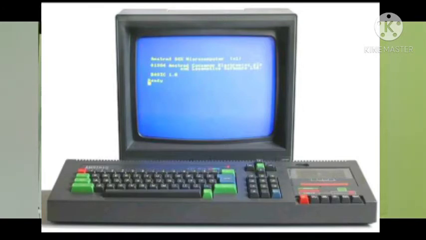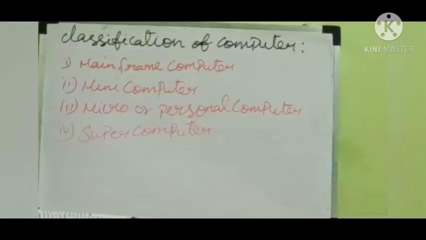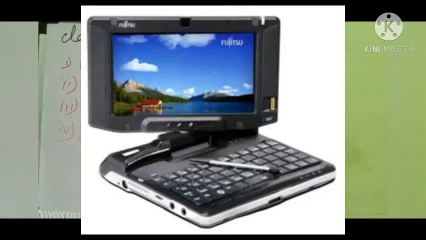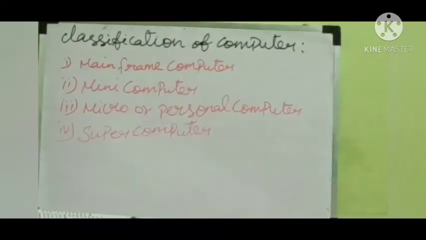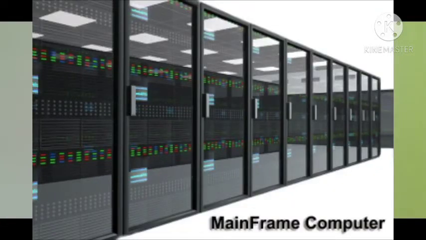First we see about a mainframe computer. And this mainframe computer is also called big iron. And this computer is used primarily by large organizations for critical applications, and also it is used for bulk data processing.